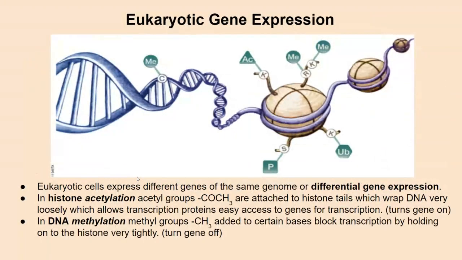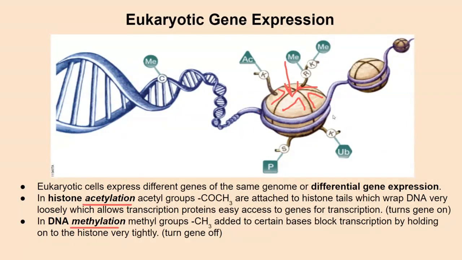Another form of regulating gene expression is through acetylation and methylation. This actually doesn't have anything to do with RNA, but it has everything to do with DNA. Now, naturally, DNA is wound around these things called histones. It's a complex of 4 different proteins that wrap up the DNA kind of like beads.